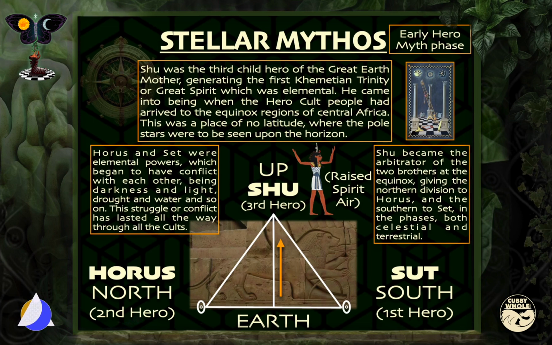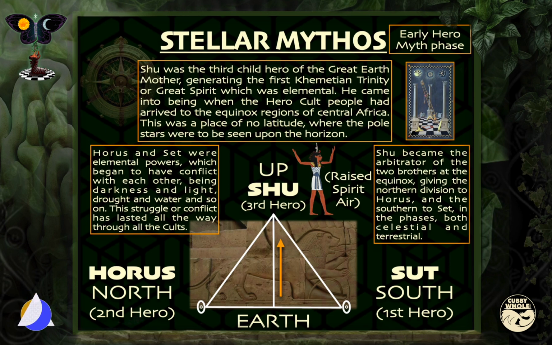This was a place of no latitude where the pole stars were to be seen upon the horizon. This made Earth as a mount, which raised the vision of seeing the North Pole Star and the South Pole Star from the equator at the same time, which is what I just explained.